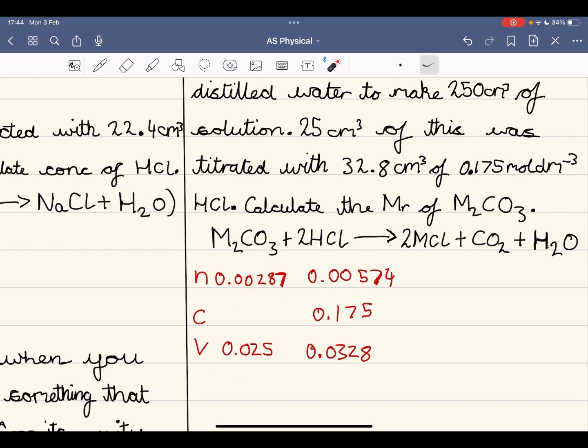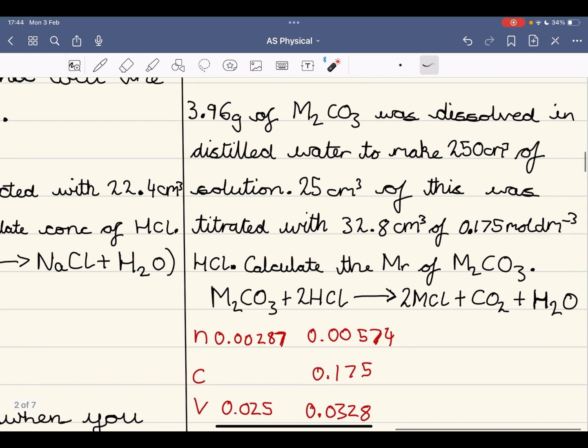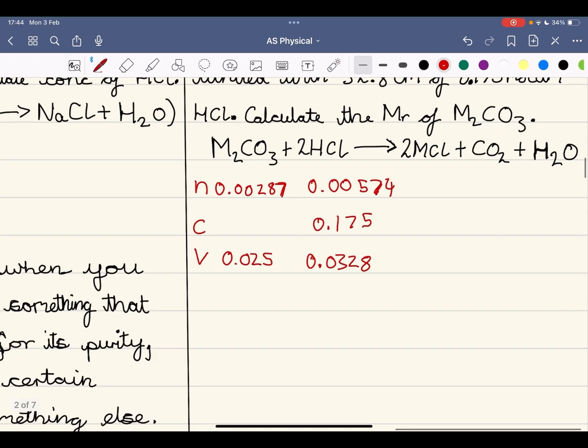However, in that big flask, we had 250 centimeters cubed. So to go from 25 to 250, I times by 10. So I can do the same for the moles. So I do 0.00287 times 10, and I get 0.0287 moles.